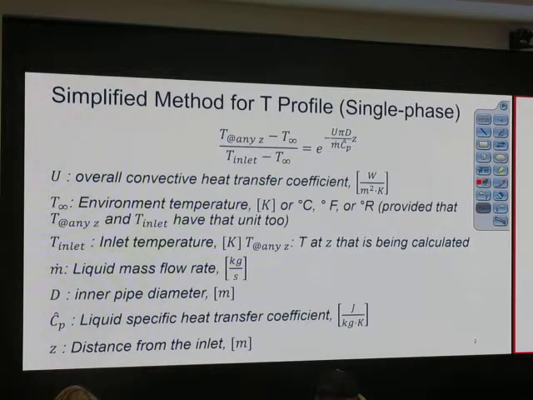Okay, it predicts the temperature of the fluid in the pipe at any location, provided that we know the overall heat transfer coefficient. Okay, we know the mass flow rate, we know the specific heat capacity, and we know the length from the inlet. In addition to that, we know the environment temperature. Then I can predict the temperature. That's it.